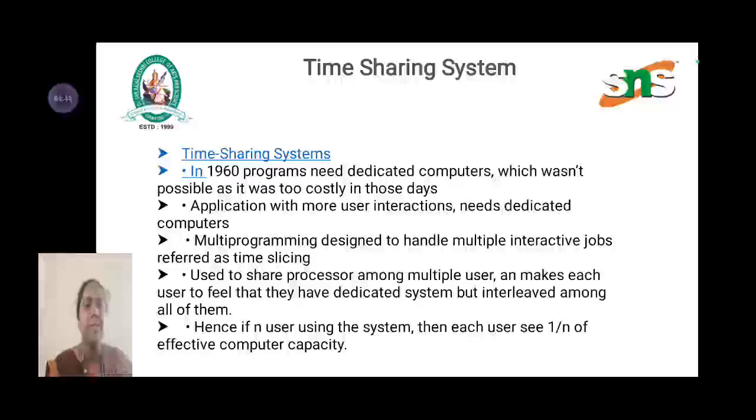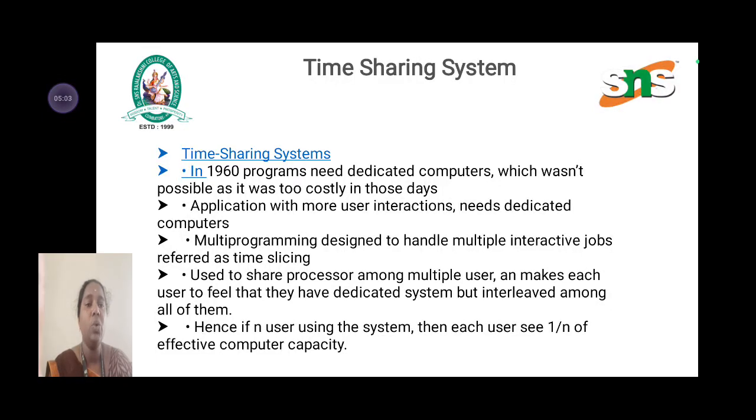Time sharing system. In 1960, programs needed dedicated computers, which was not possible as it was too costly in those days. Applications with more user interactions need dedicated computers.